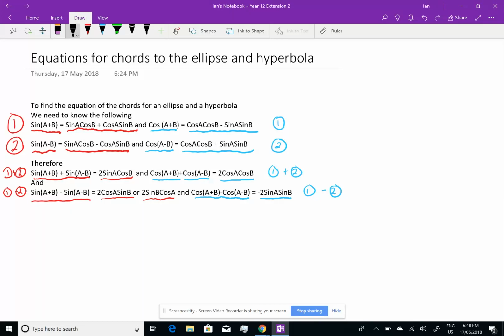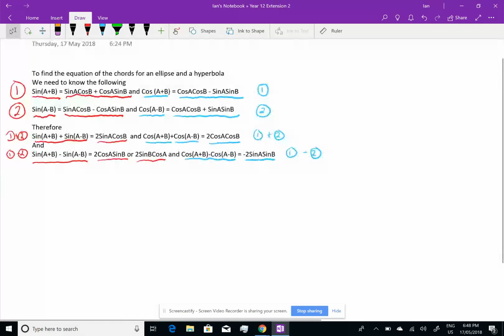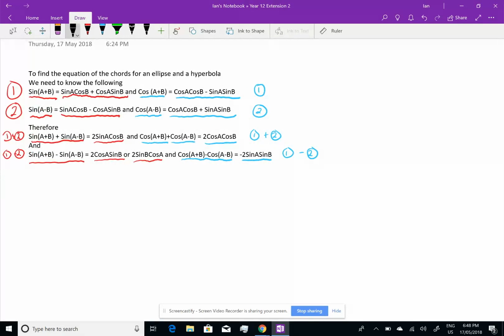So I'm just going to do a little bit of algebra now. This is not to do with that, but it will work out. If I let A plus B equal an angle, we'll call it theta, and we'll let A minus B equal a different angle, call it phi.